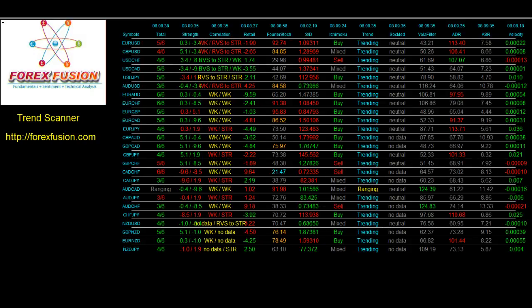Forex Fusion does come with three flavors designed to be usable for any short-term trading style. If you're a scalper and you use 5-minute or 15-minute trading charts, there's a template and a set file for you. If you're a day trader and you use 30-minute or 1-hour trading charts, there is a template and set file for you. If you are a swing trader and you use 4-hour charts, there is a template and a set file for you.